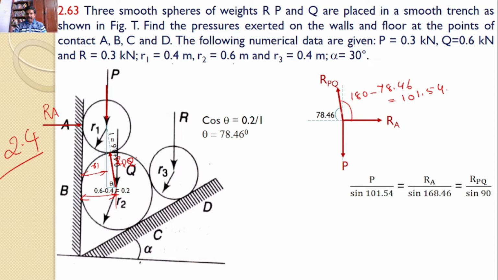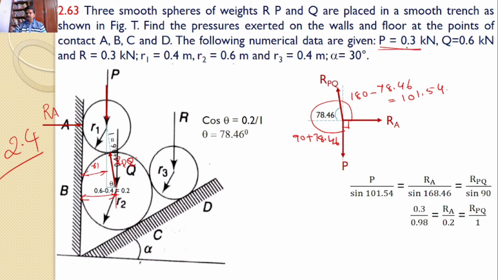Similarly, Ra divided by the sine of the angle between these two forces. So this is 90 plus 78.46, that is 168.46. And Rpq divided by the sine of the angle between these two forces, which is 90. Hence, I can find the values of Ra and Rpq by substituting the corresponding values.